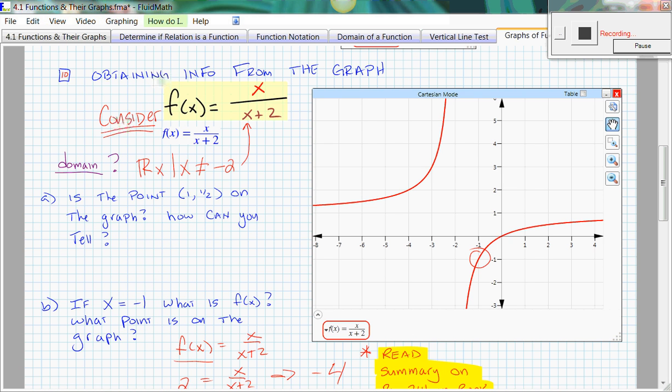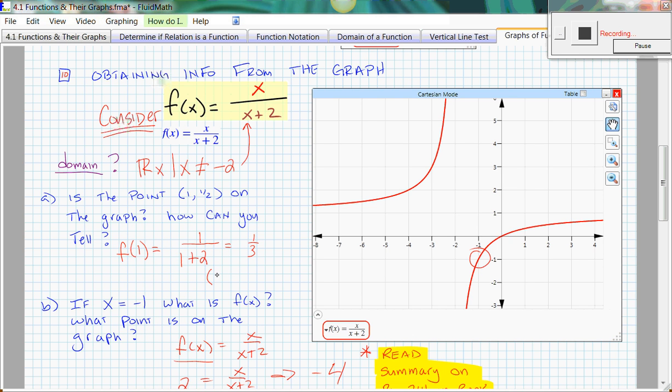Then we ask the question, is 1 comma 1/2 on the graph, and how can you tell? Well, most people are looking over here. When x is 1, we're trying to see, is that 1/2 or not? When we should just be plugging it into this. Well, what is f of 1? It's just 1 divided by 1 plus 2, which is 1/3.